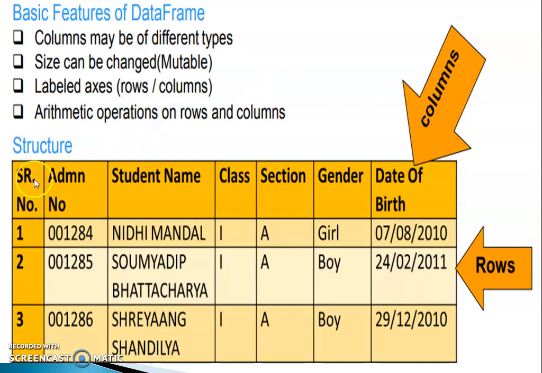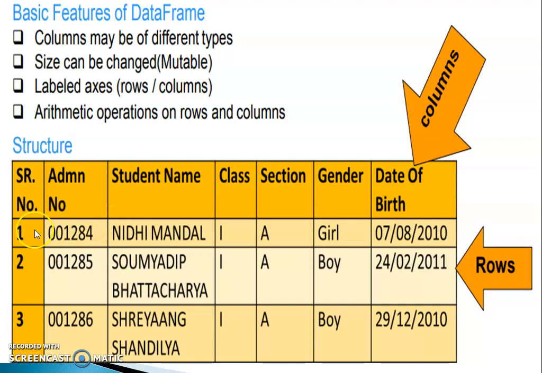Check the structure: serial number, admission number, student name, class, section, gender, then date of birth. Different types of data we stored in this structure. This is a data frame. Serial number is integer, admission number also integer, student name is character, class, section, gender and date of birth also character.